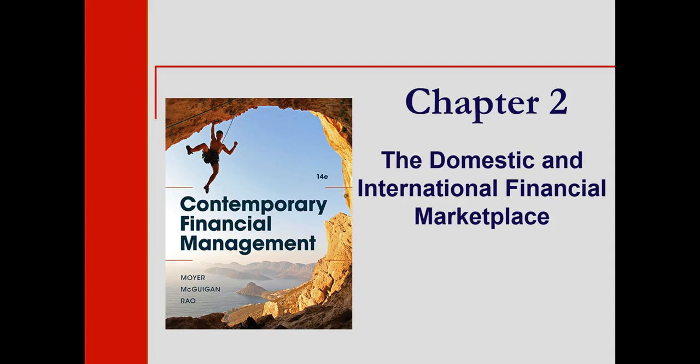We'll try to understand how that financial crisis initiated, and how it kept on booming and affecting the economy, not only the US economy, but the economies all over the world. So this is the broad agenda of the chapter, the domestic and international financial marketplace.